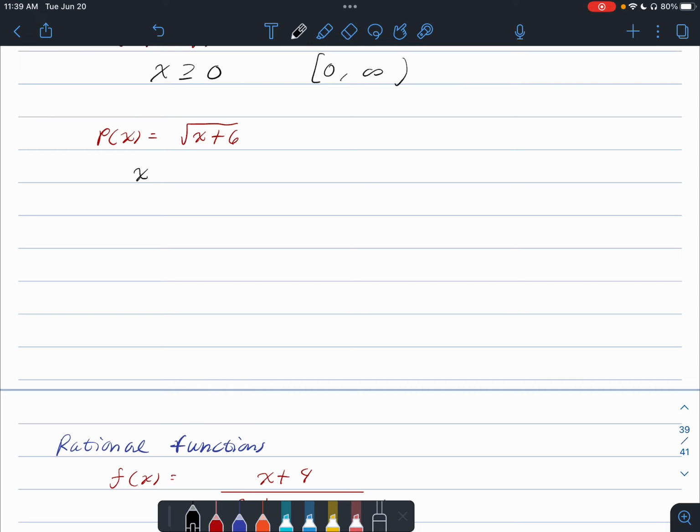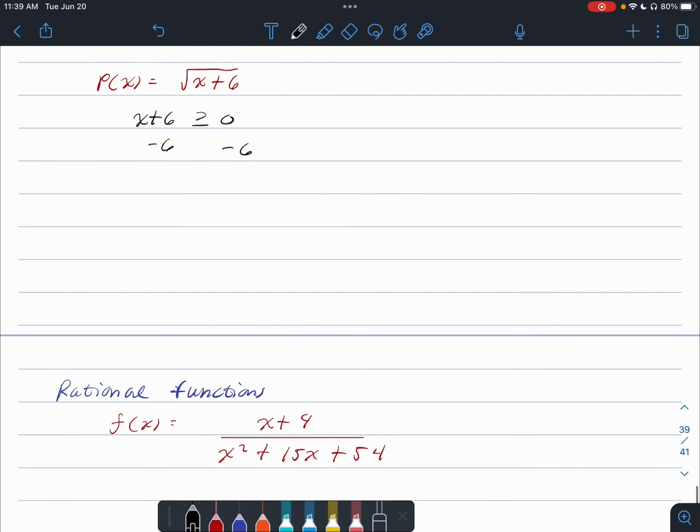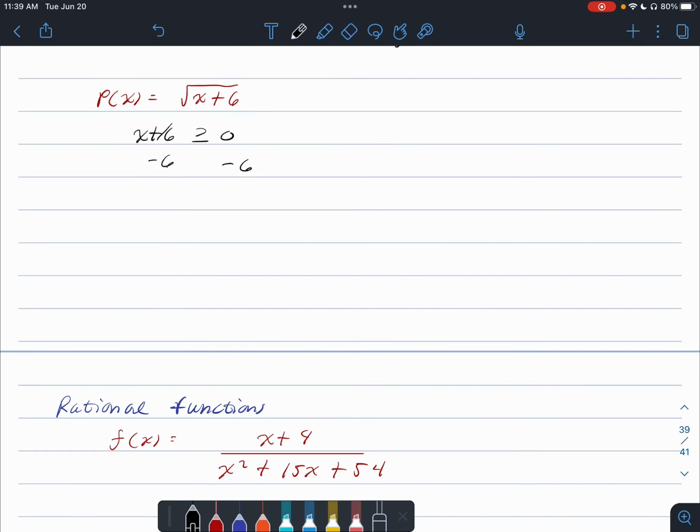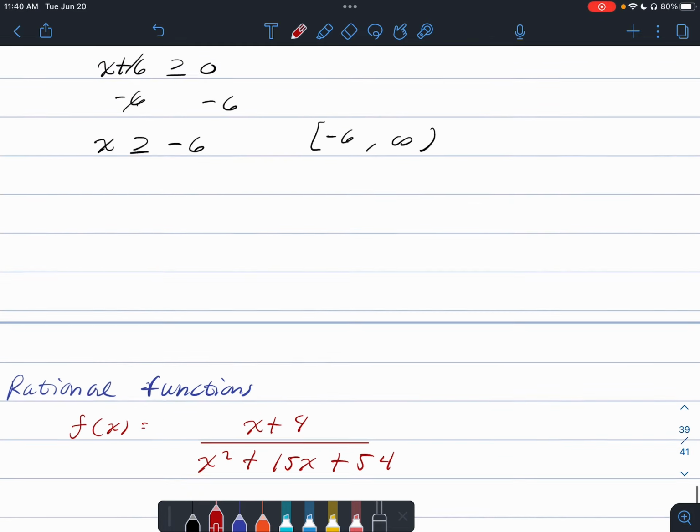So we'll set x plus 6 greater than or equal to 0. Now we can take 6 away from both sides, and we'll have x greater than or equal to negative 6. We can express this in interval notation as the interval from negative 6 to infinity, where we include the point negative 6.